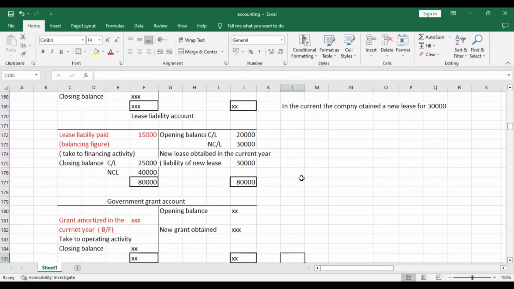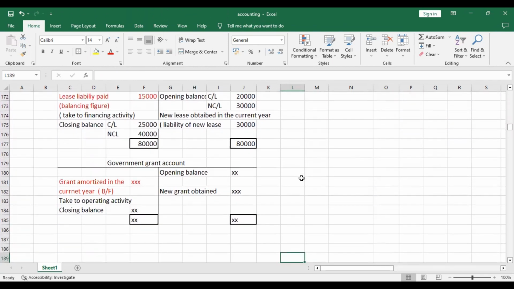Then government grant received or government grant amortized, how to calculate. If you have all this missing information, then 90% of the problem can be solved very easily. So once you keep this missing information in mind, when you read the problem from the beginning, you will understand very clearly what information is not there, what information you need to calculate.